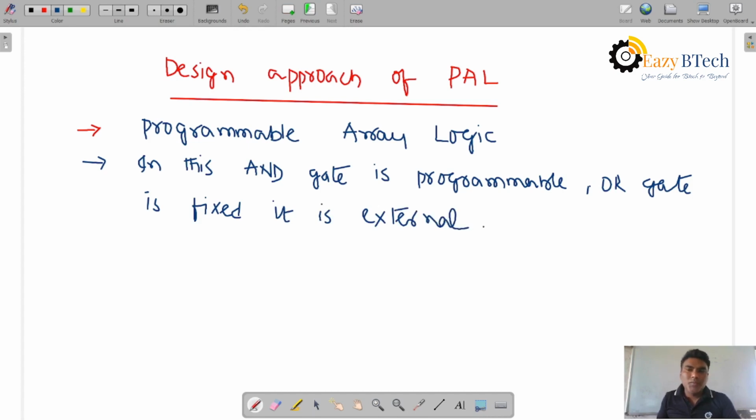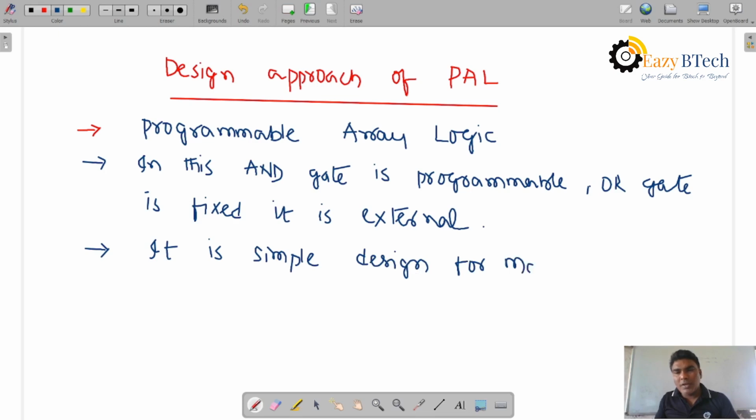So PAL is a simple design for manufacturers. Only the AND gate is programmable, and the OR gate is externally connected. Since only AND gates are programmable, it is a simple design for manufacturing chips.